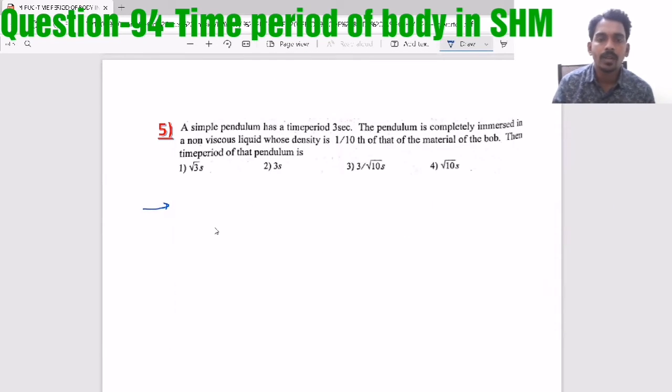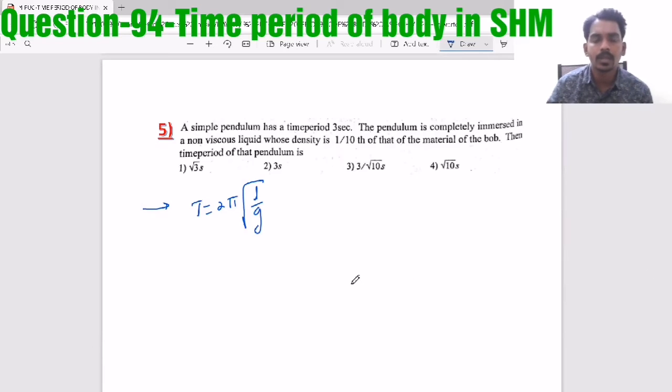Now, a simple pendulum has a time period 3 seconds. The pendulum is completely immersed in a non-viscous liquid whose density is 1 by 10th of that of the material of the bob. Then time period of that pendulum is? See here, generally the time period of a pendulum is 2 pi root L by g.